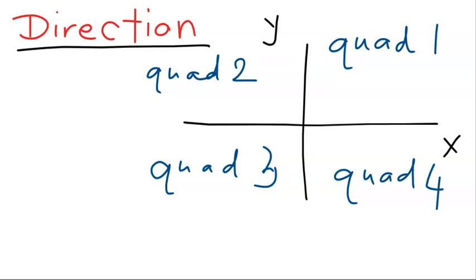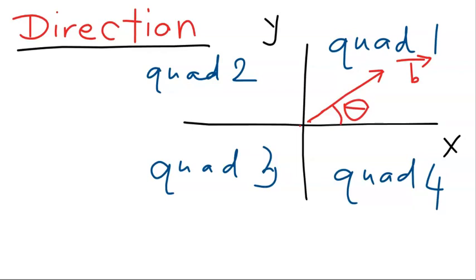So if you have a vector, let's say in quadrant 1, the vector goes like that. The direction of this vector, let's call this vector B, is given by an angle measured like that, theta.